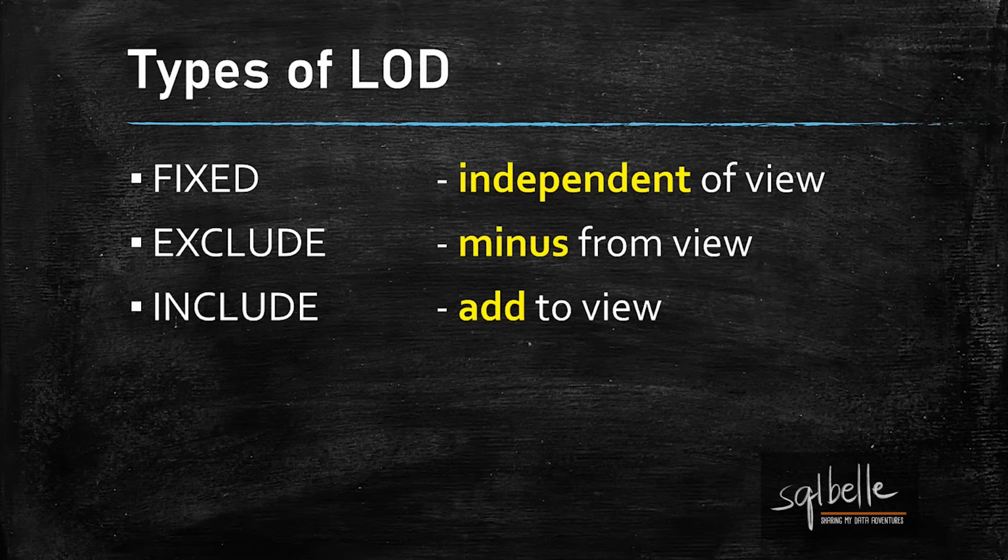It's independent of what's being shown in Tableau. Exclude, think of it as subtracting dimensions from your view. It's as if those dimensions are not in your view. And include, think of it as adding dimensions in your view, even if those dimensions are really not there. But that's how your calculation sees it.